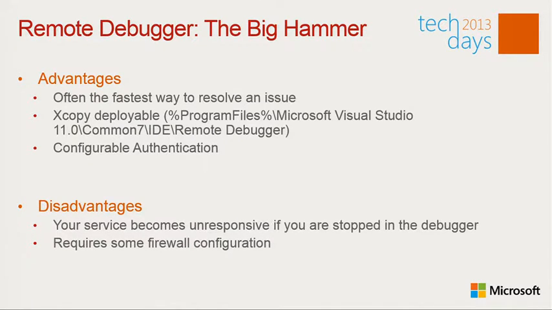Well, everybody wants to use the debugger, and the remote debugger is just that. It's 100% as powerful as debugging locally. It's what the developer is used to in terms of being able to attach their process, step through, inspect the state of their app, do everything that they need to do to try to solve the issue.